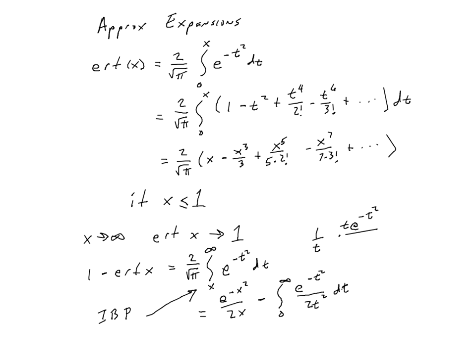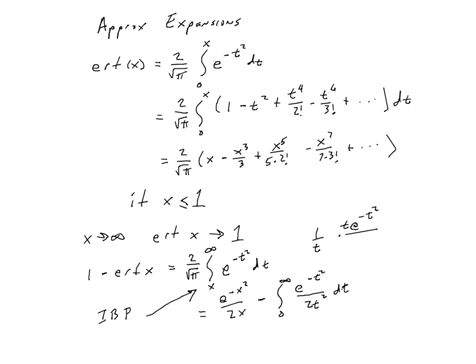So when you do that, you can end up pulling this out. I think I may have that backwards, but anyway, you do your integration by parts and you end up getting this one term.